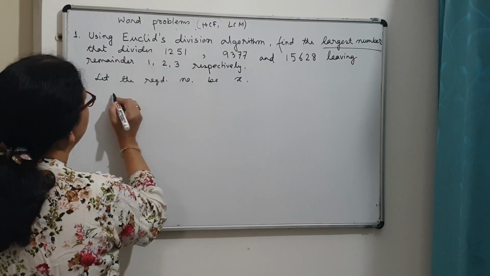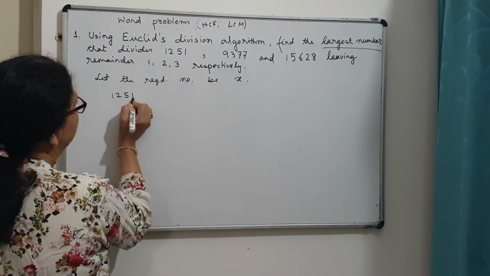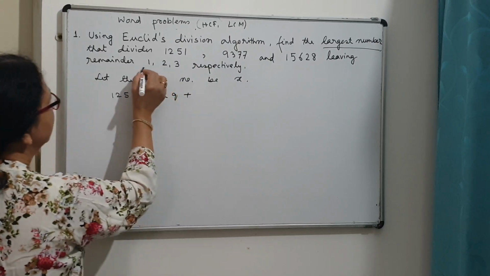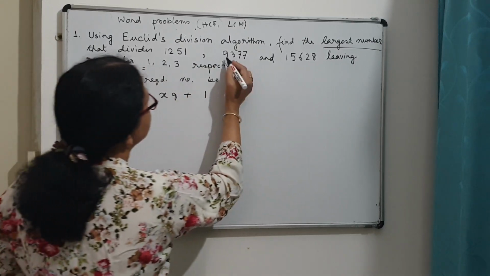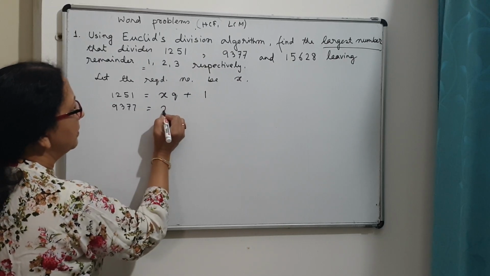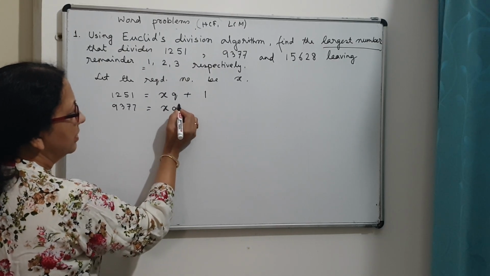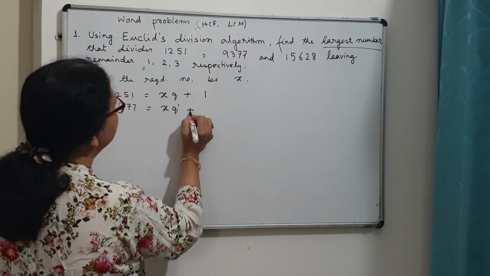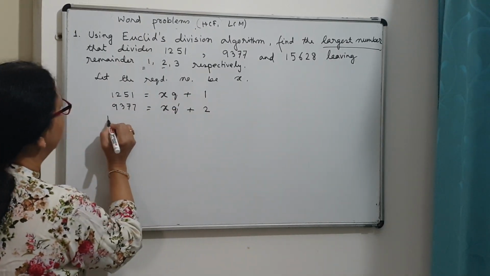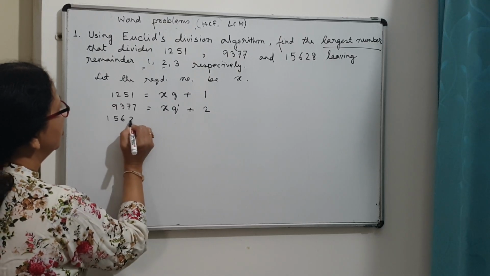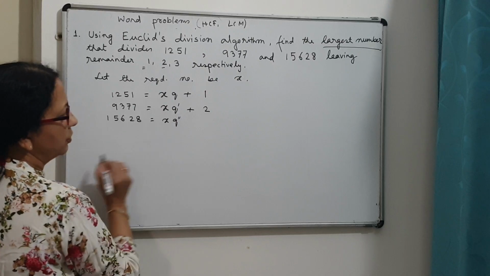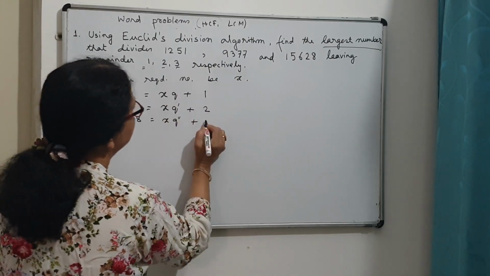When I divide 1251 by x, we get some quotient, and the remainder will be 1. And the next number, 9377, again when divided by x, gives some different quotient, and the remainder is 2. And the third number, 15628, when divided by x, leaves some other quotient and the remainder is the third one, 3.